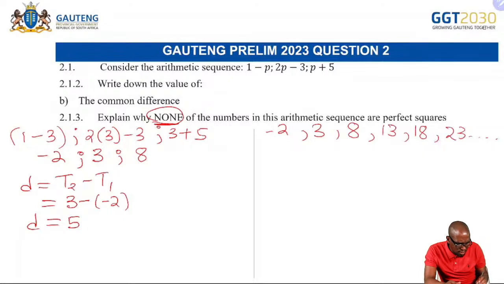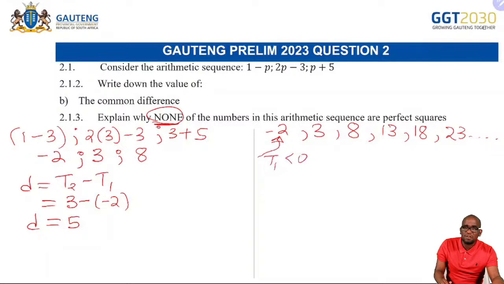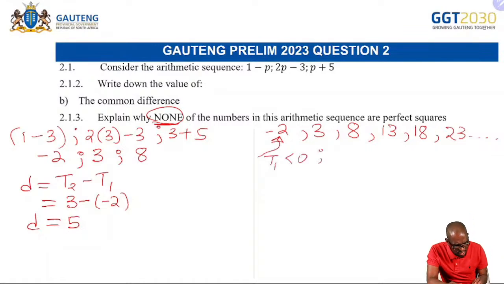So let us start by zooming into T1. If you check, T1 is negative. Because T1 is equal to negative 2, T1 is negative, which means that T1 cannot be a perfect square.